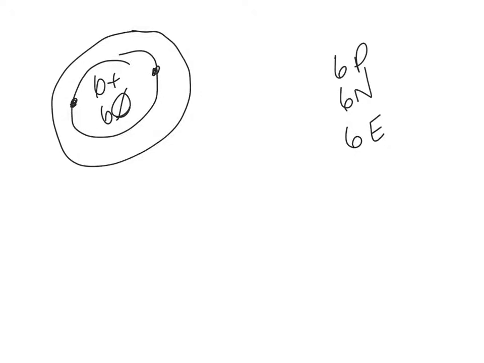So 6 minus 2 is 4, which means in my second shell, I'm going to put 4 electrons around my nucleus. Now, as a biologist, I really don't care about these 2 electrons on the inside. I only care about these outside ones, so I don't really need to draw all of this inside stuff. I just need to focus on the outside.